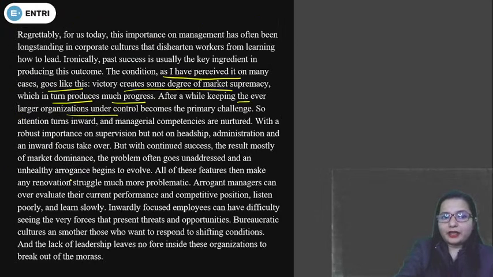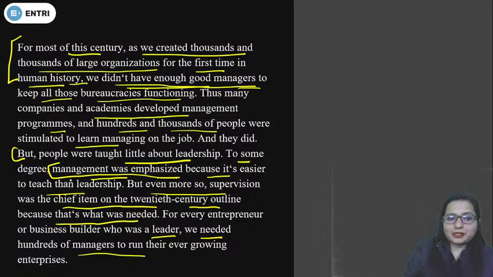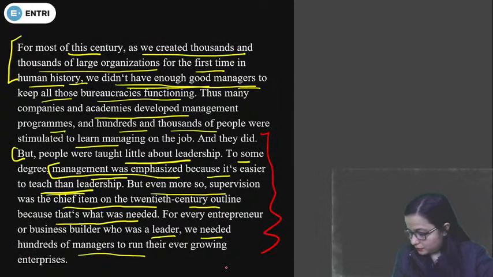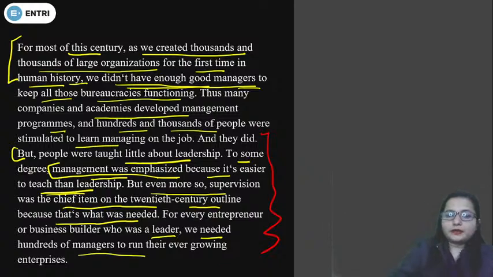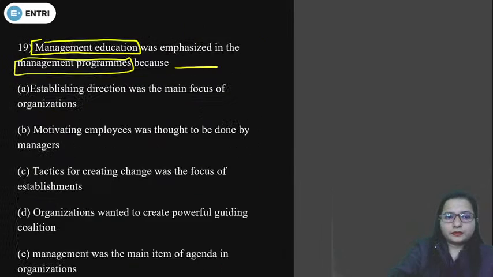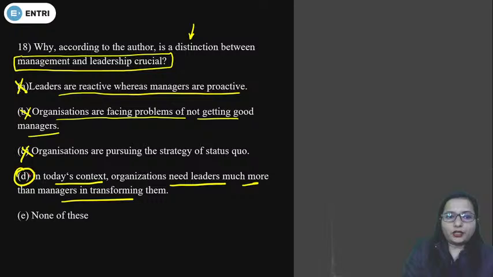So that is why the passage is explaining that they emphasize management because it is easier to teach than leadership. All these things are given here. What would you mark? You have to mark D option.